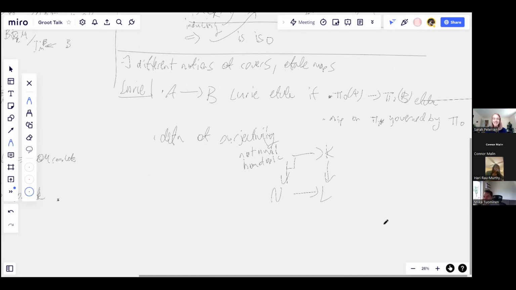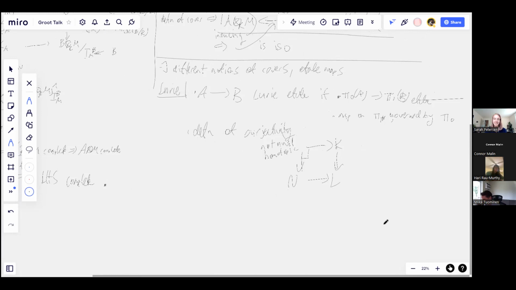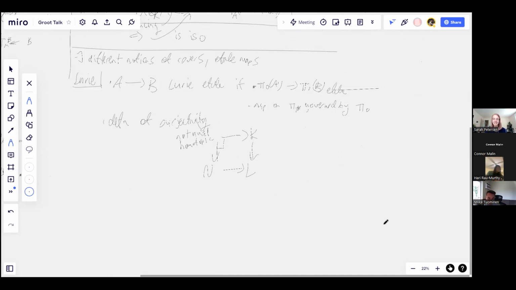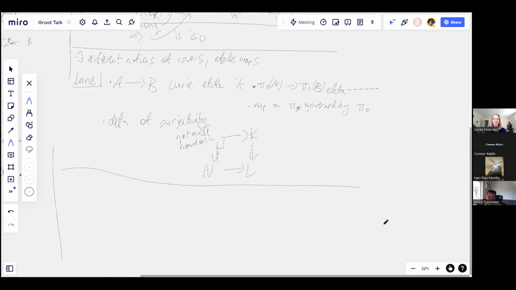Oh, well, so those are one set of assumptions under which my theorem is true. But another set of assumptions under which the theorem is true is the following.